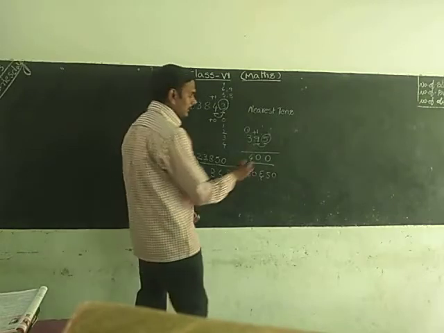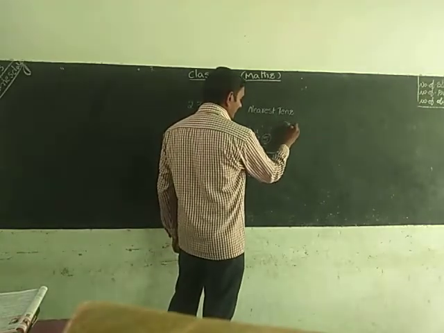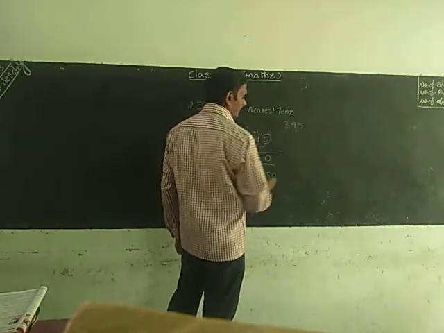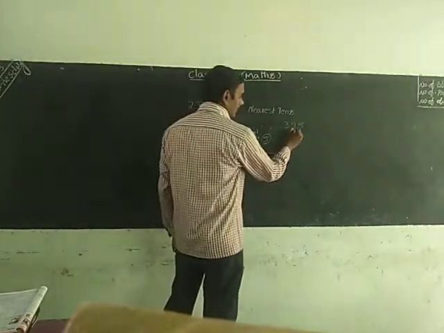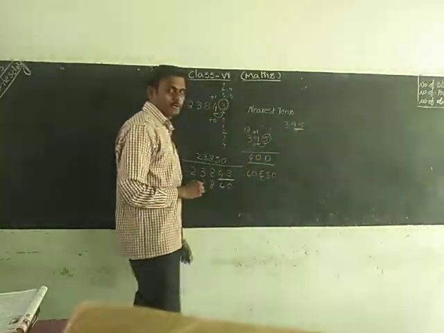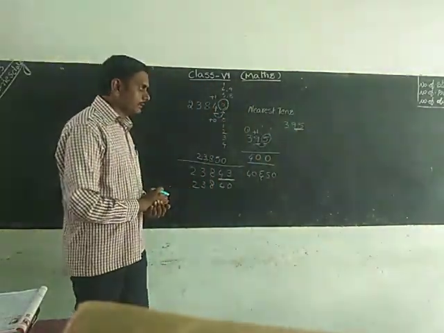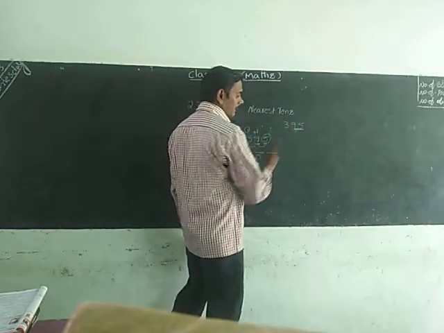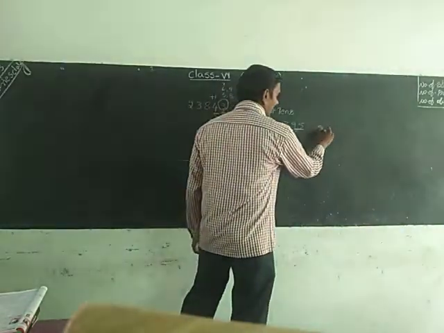Similarly, 395. We have to underline this one. The next number is 95. 95 lies between 90 and 100.